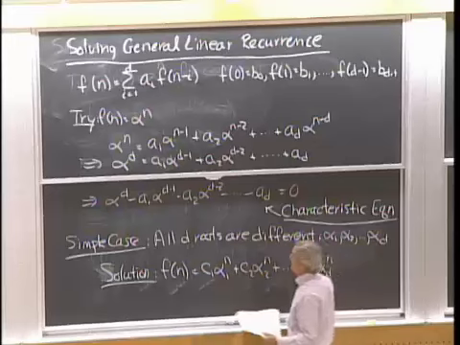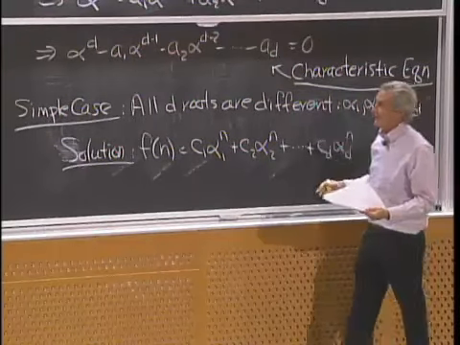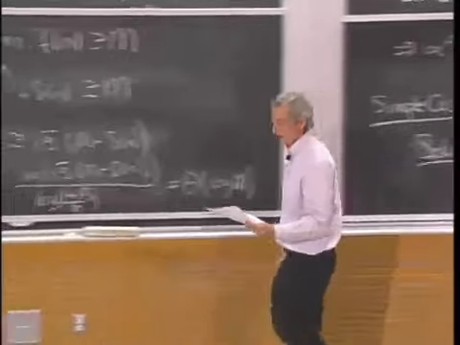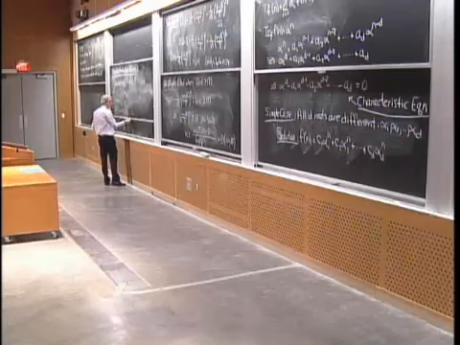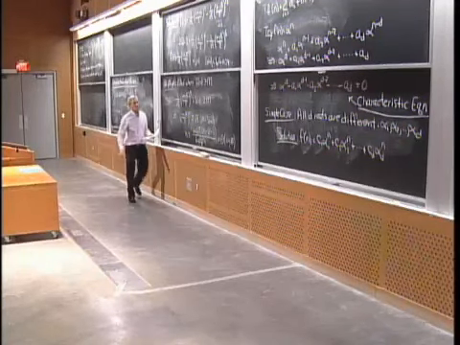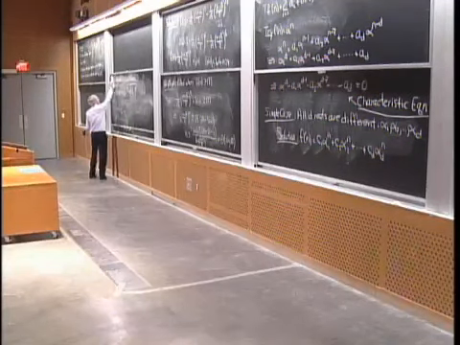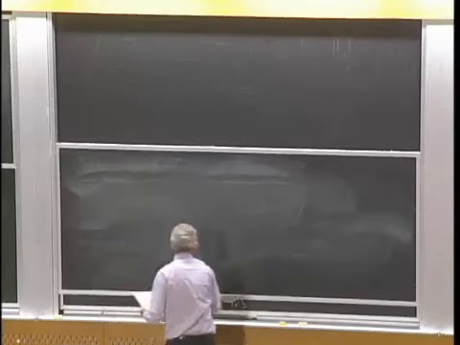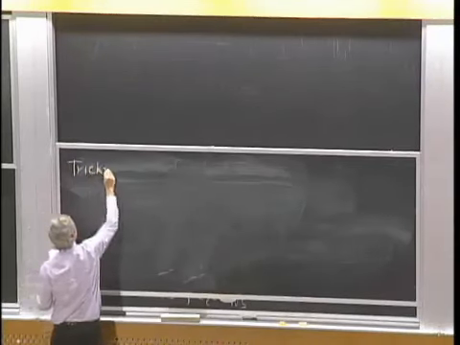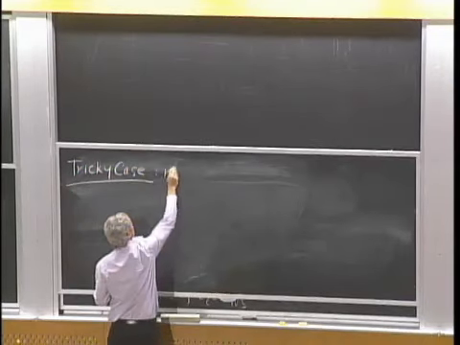All right, that was the nice case where all the roots of your characteristic equation were different. If they're not all different, it's a little more complicated. So the tricky case is repeated roots.